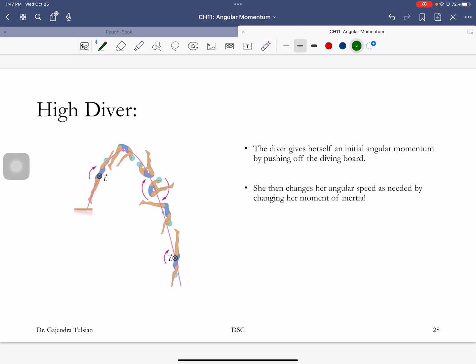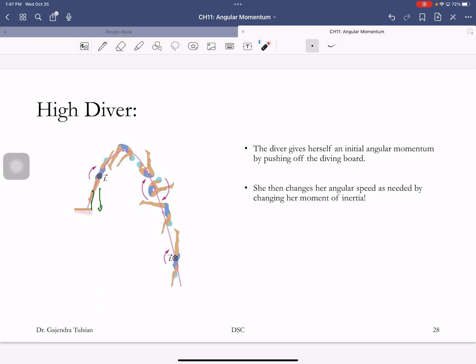There's the weight acting, so there's a torque acting on them, and they give themselves an angular momentum. Once they're on a parabolic trajectory, for the entire motion, the angular momentum is constant.